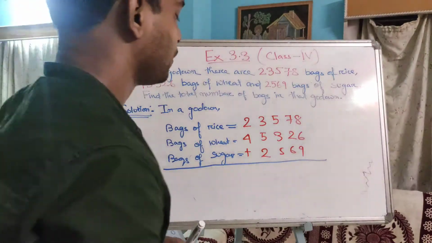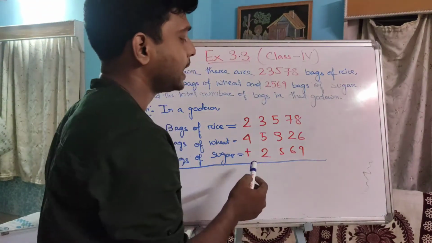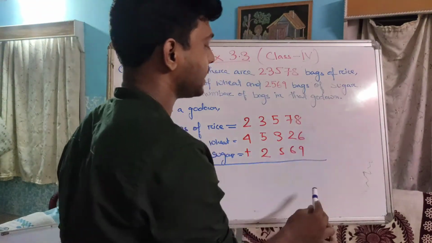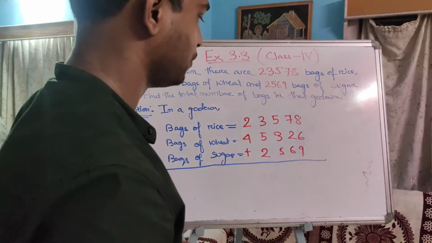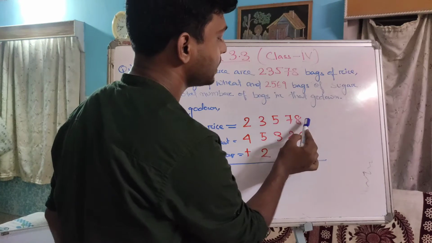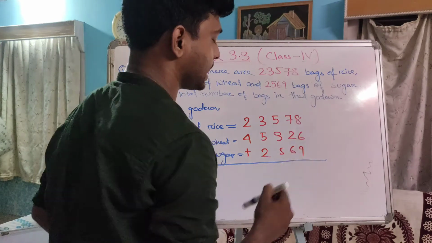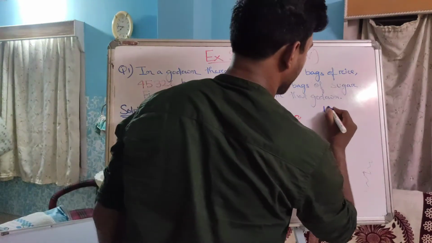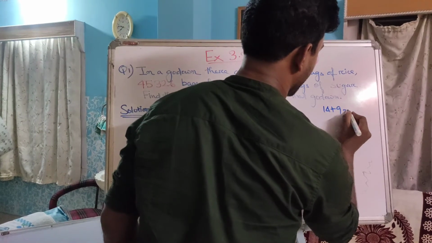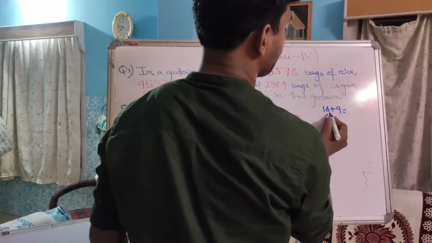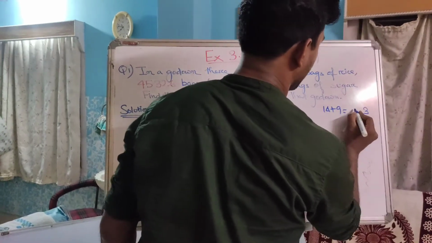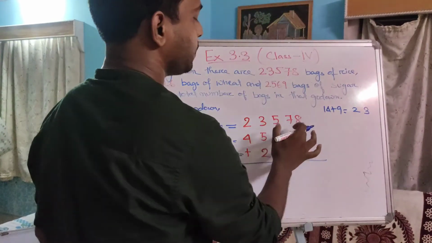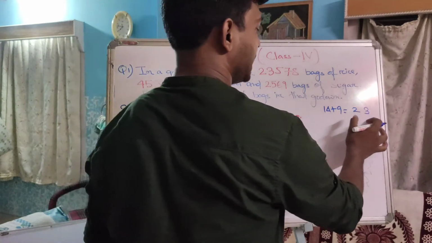Here first we will start adding from the right side. On the right side, 8 plus 6 will give us 14, and 14 plus 9 will give us 23.